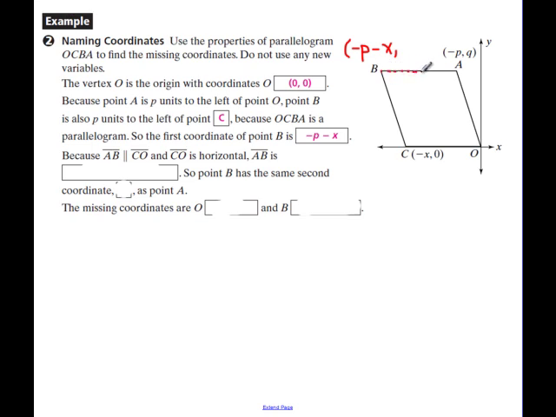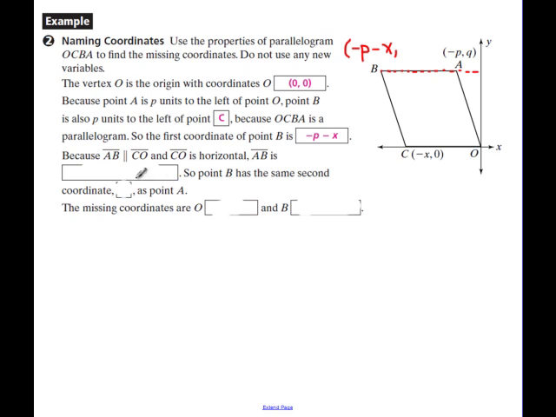Y-coordinate means we're basically just dropping a line here to the y-axis, and we can see right away that that passes through point A. So we know that point B and point A should have the same y-coordinate.